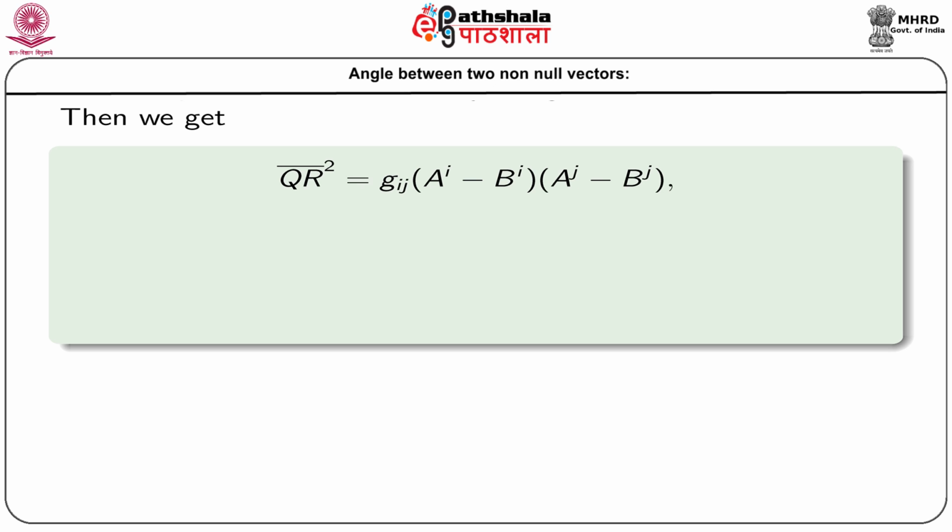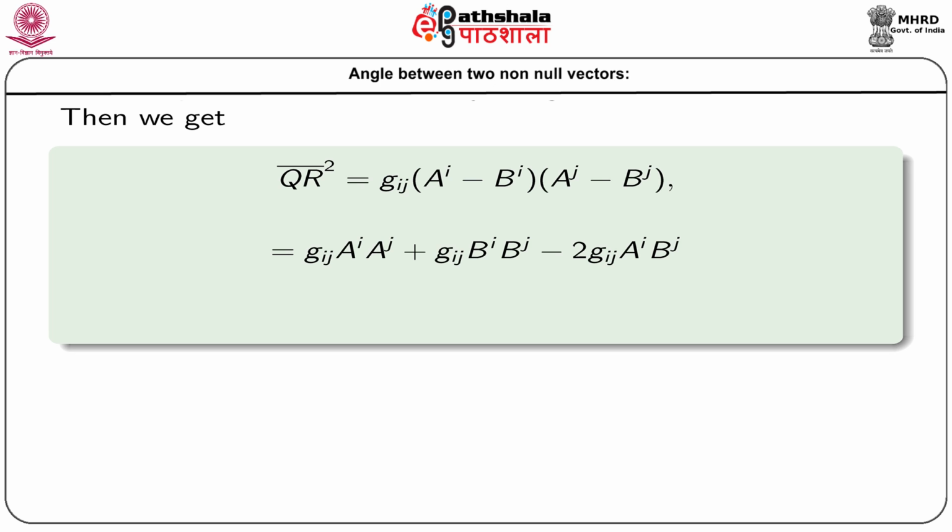So, the square of the length of the vector QR can be expressed as g_ij (a^i − b^i)(a^j − b^j). If we break this expression, we get g_ij a^i a^j + g_ij b^i b^j − 2 g_ij a^i b^j.